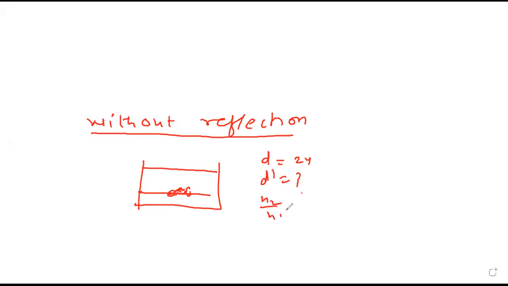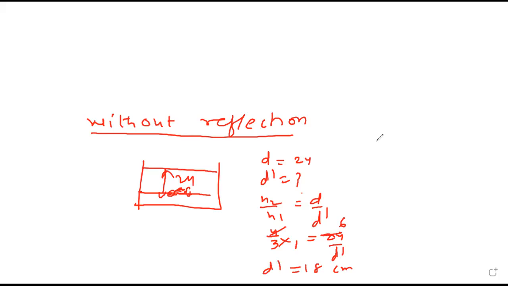So N2 upon N1 is D upon D dash. N2 is where light will start. Light will start from water, which is 4 by 3, going into air, 1. D is from the surface 24 upon D dash, 4 into 6. So D dash equals 18 centimeter.